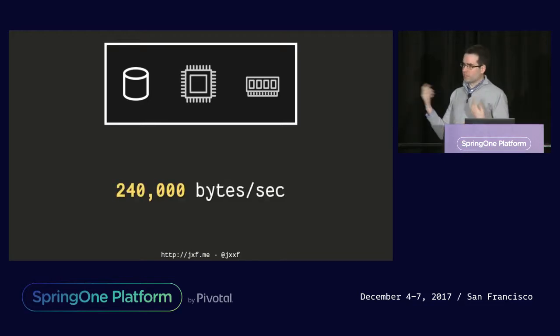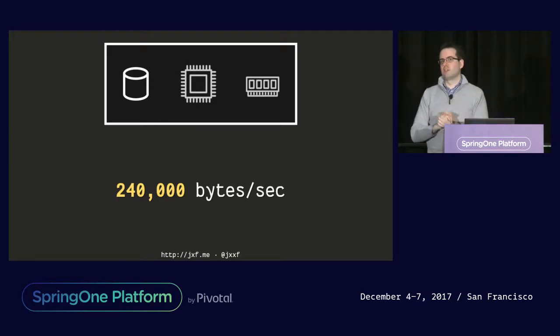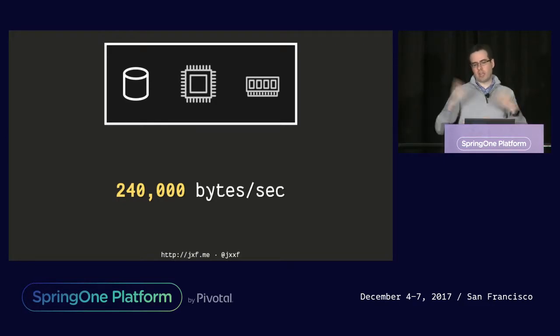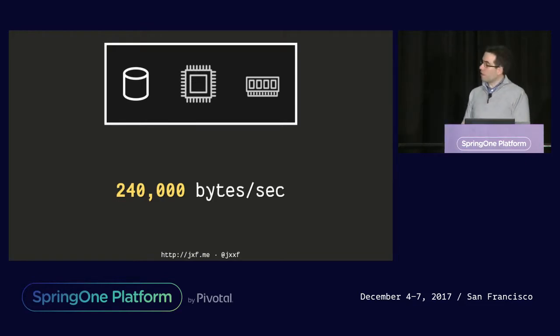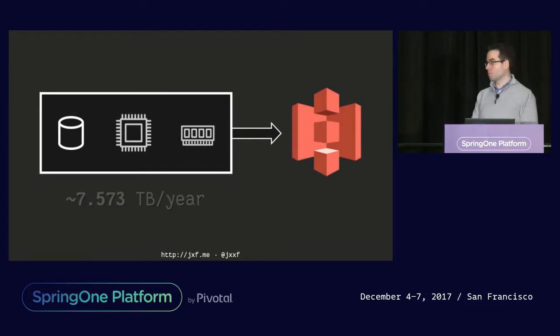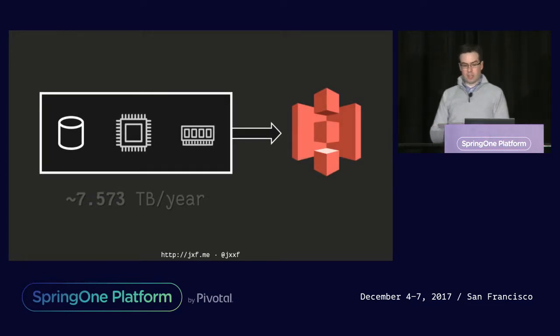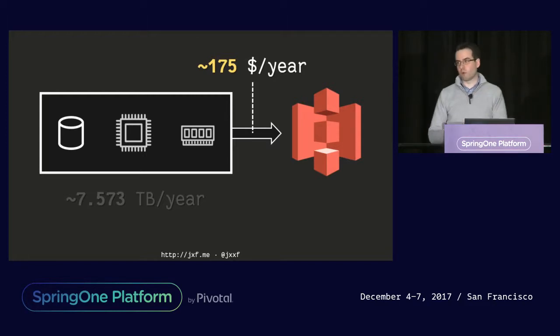So if you had 100 instances of this system, let's say it's maybe a Kubernetes cluster. It has 100 pods in it, and these are the metrics you're measuring from each of the pods. That would be 240,000 bytes per second. And if you do that over a year, it's about 7.5 terabytes per year. Now, if you wanted to store this and pay for the storage somewhere, let's say in S3, that would only cost you about $175 a year in US East 1 or a comparable region.